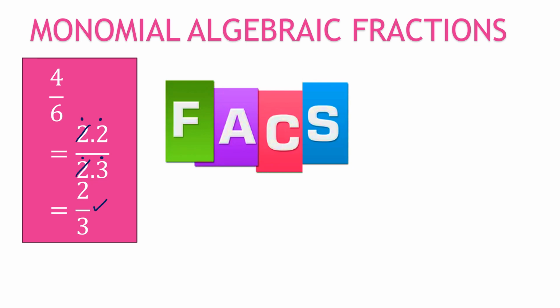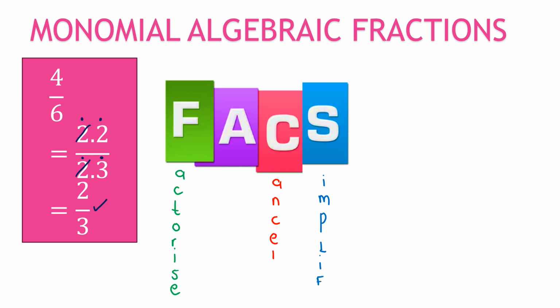And so maybe, I'm hoping you can see that for us to be able to simplify a monomial fraction, we first factorize, which is what I did on both the numerator and the denominator, and then we cancel, and after we cancel, we simplify if possible.